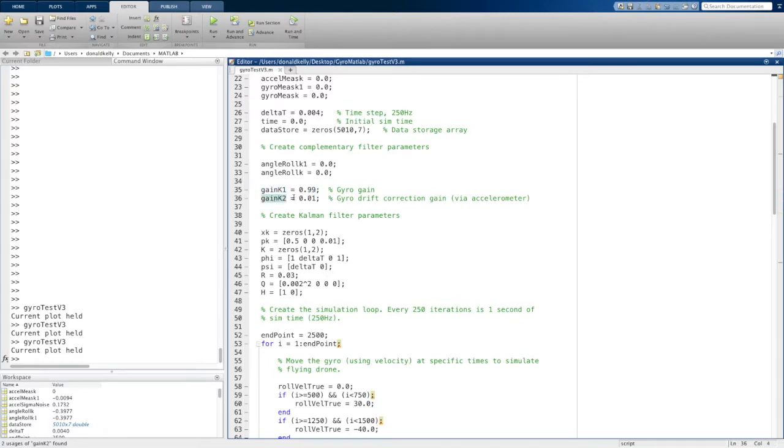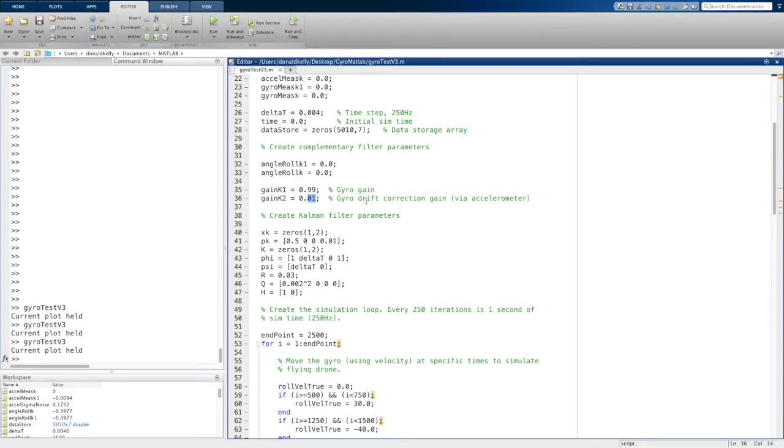And then we're going to use a second gain that says, we know the gyro drifts, so let's use the accelerometer to correct for the drift. And so we're going to insert this little bitty piece of accelerometer measurement in here to help solve for that gyro drift and correct for it.